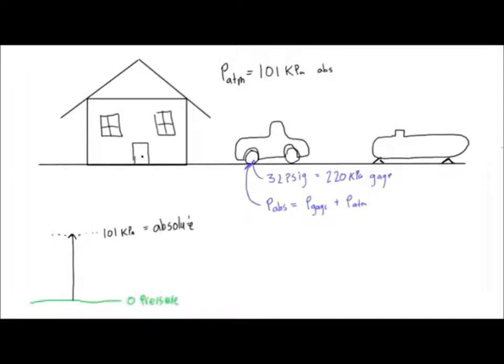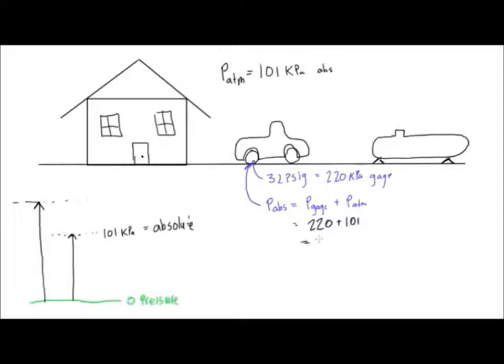So if we want to graph this on our little graph over here, we're going to have more pressure than just the atmospheric pressure of the absolute pressure of the atmosphere. You know what, let's write this down here. This will be equal to 220 plus 101.